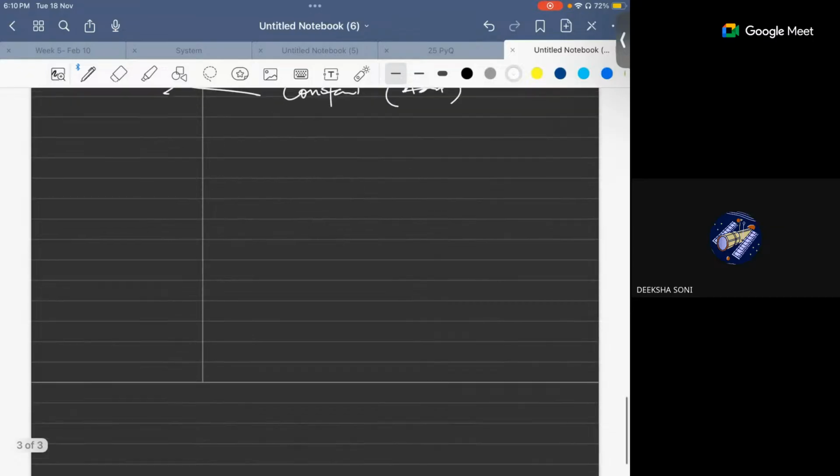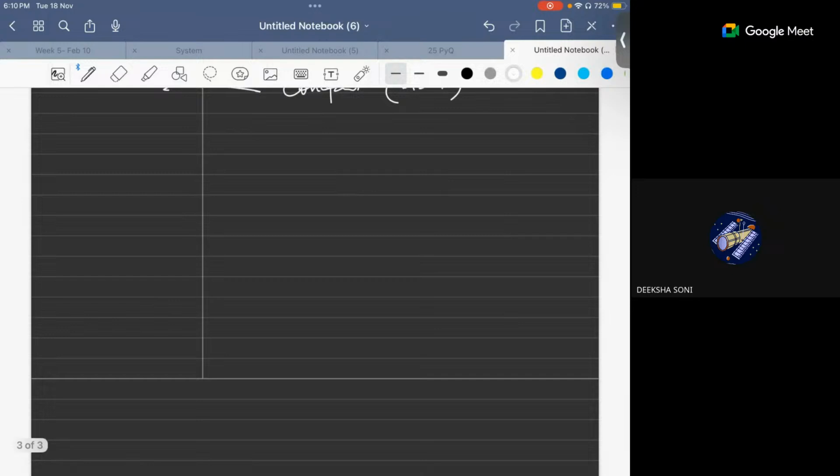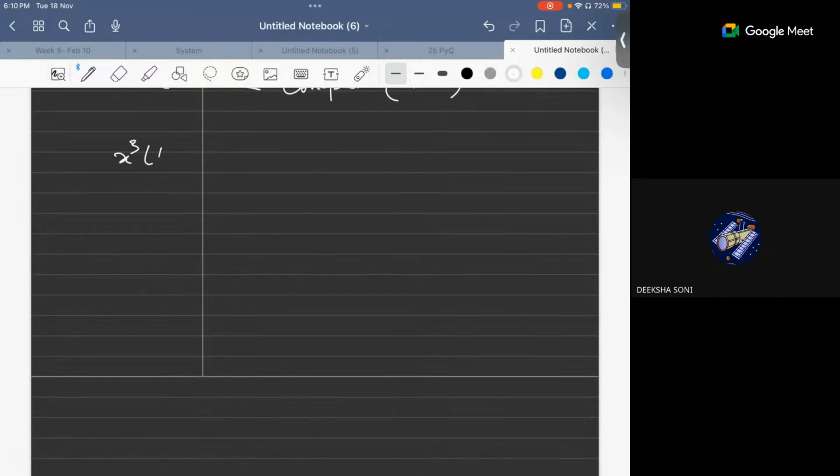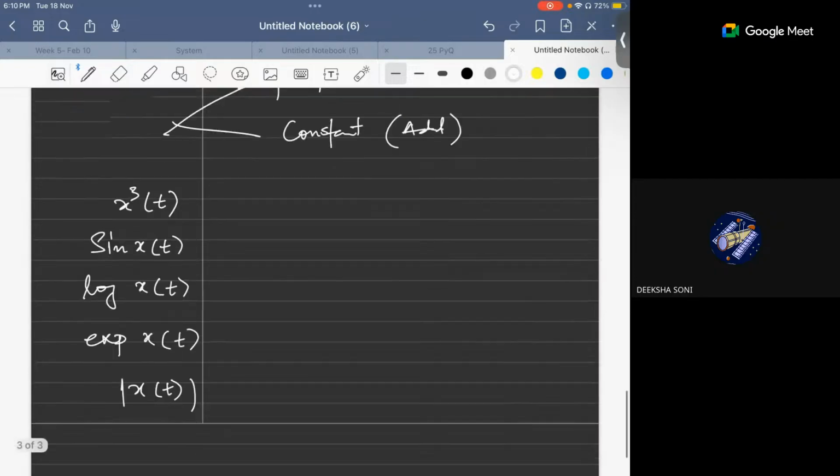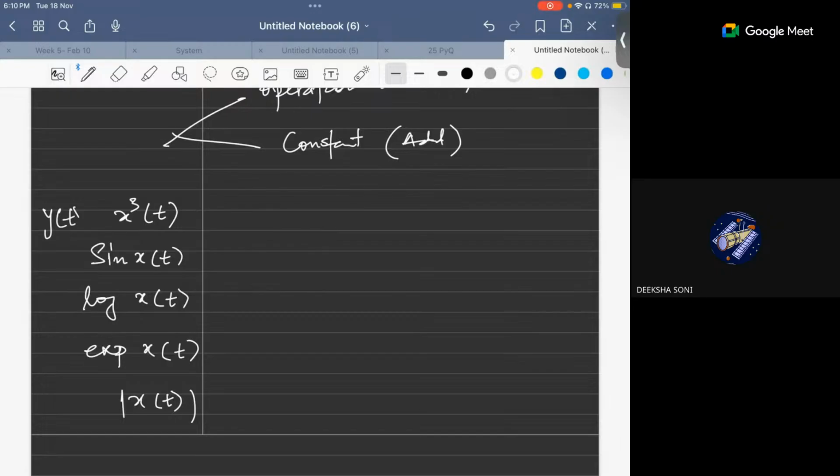Let's, for example, you have x cube, or sine of x(t), log of x(t), exponential of x(t), mod of x(t). If you have been given these systems, these are non-linear.